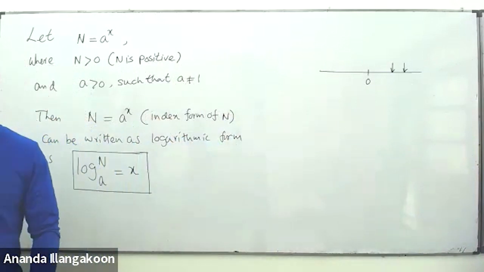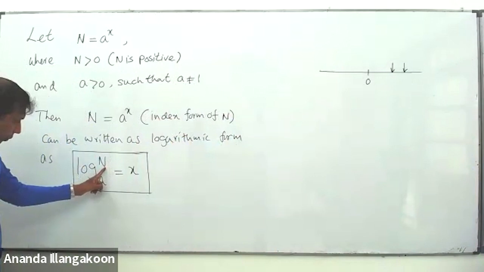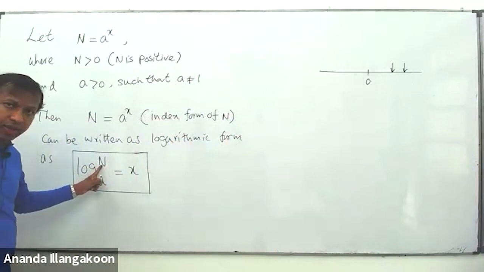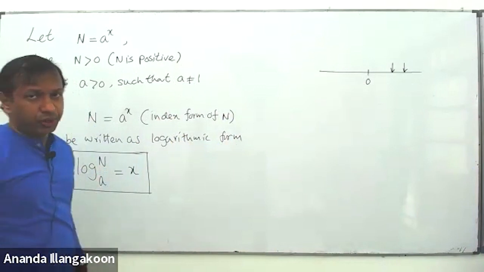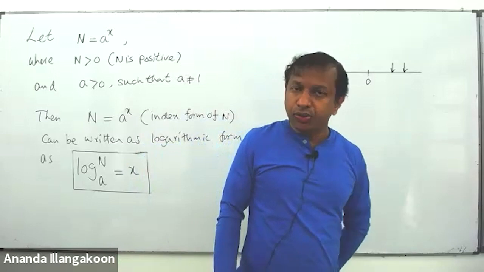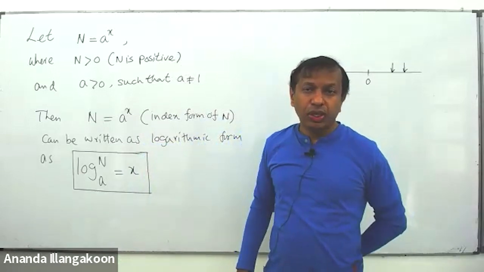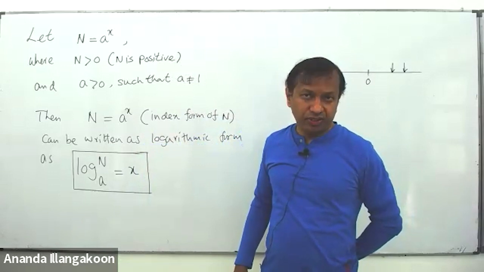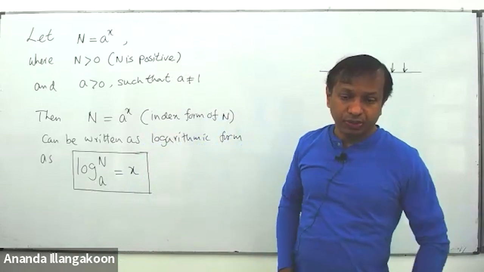So therefore, when you write logarithms, people, this number should always be positive. This N here can be 1, but the base cannot be 1. The base should always be a positive value which is not equal to 1. So for negative numbers, logarithms cannot be defined. We don't write logarithms for negative numbers. Understood? Okay, right.